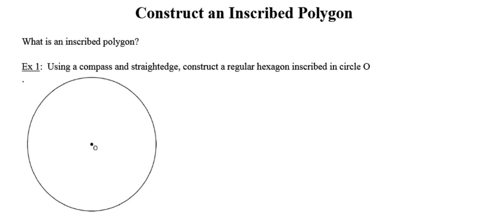First of all, what is an inscribed polygon? An inscribed polygon is going to be a polygon where each vertex of the polygon is on the circle.